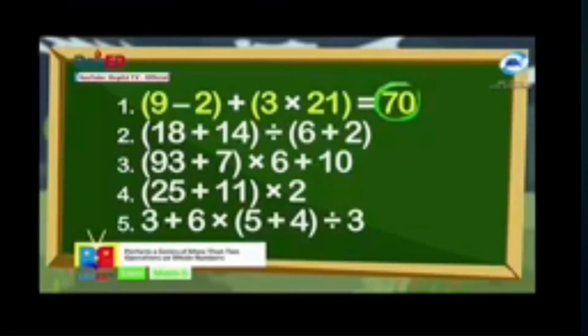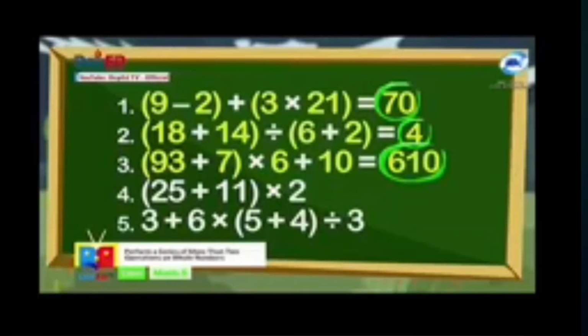Number 2. (18 plus 14) divided by (6 plus 2) equals 4. Number 3. (93 plus 7) times 6 plus 10 is equal to 610.